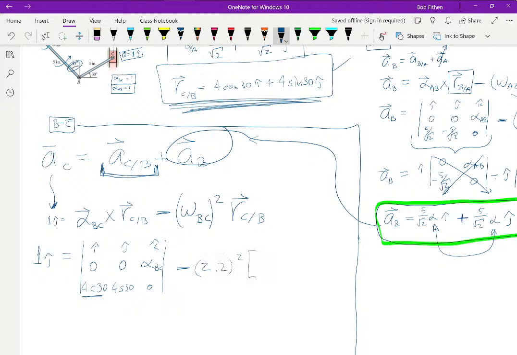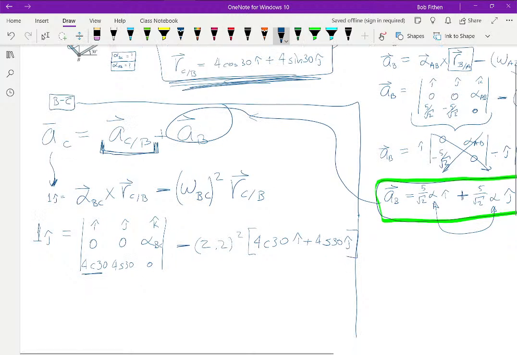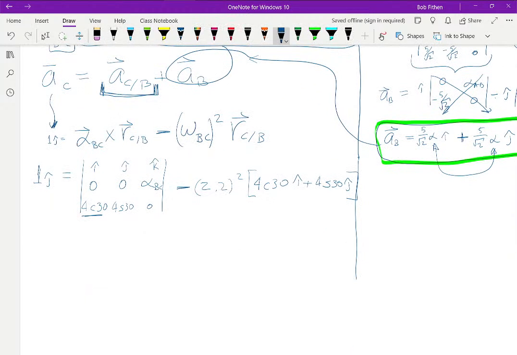And then this, so I'm going to do shorthand here. 4 cosine 30 i plus 4 sine of 30 j. Now, again, you only have i and j components here.